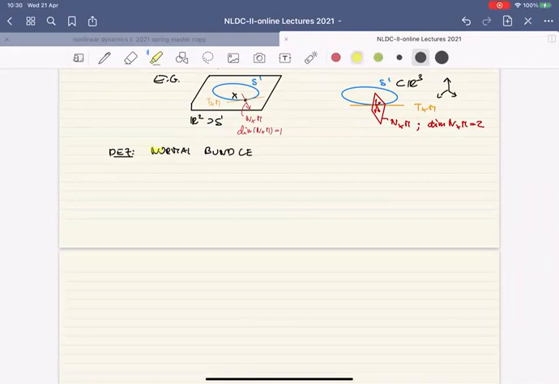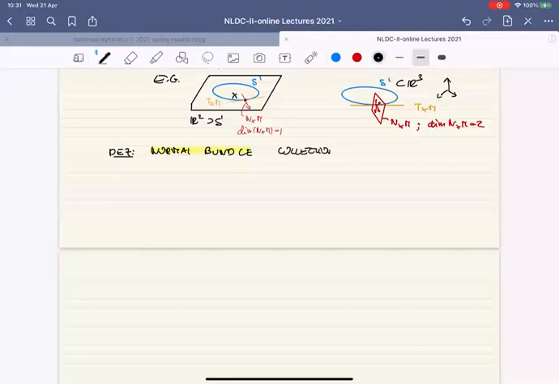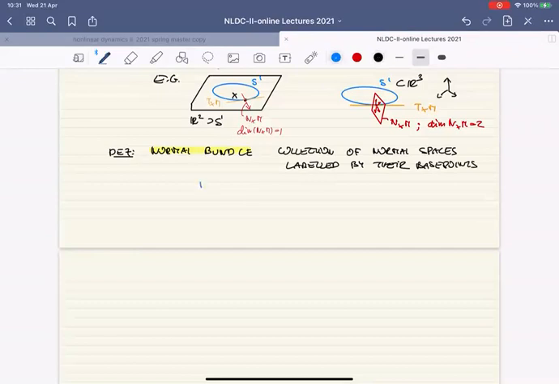And constructing the normal bundle follows the general idea of a vector bundle again. So it's a collection of normal spaces labeled by their base points. Okay, so the notation would be NM, and it's again a collection of vectors. First, I know the base point, and then I add the vector.